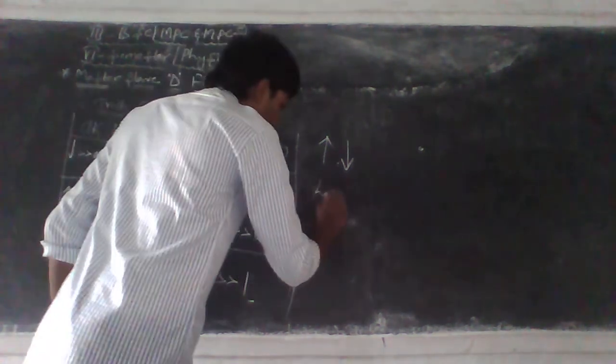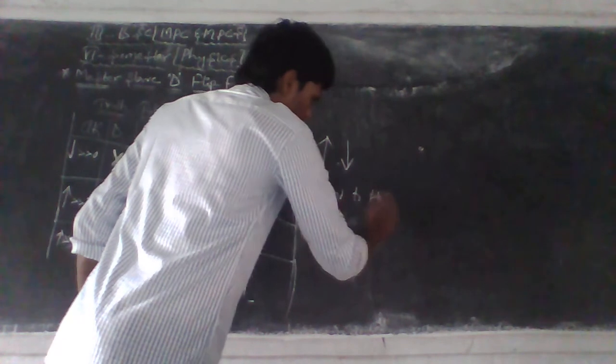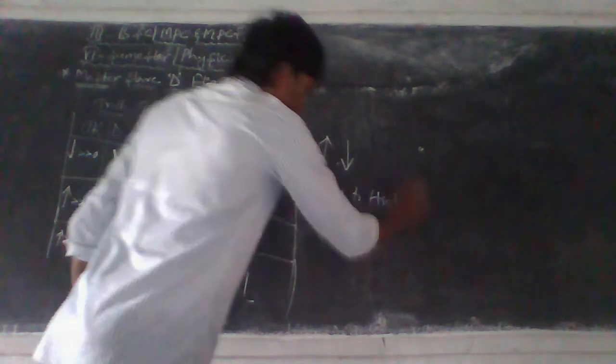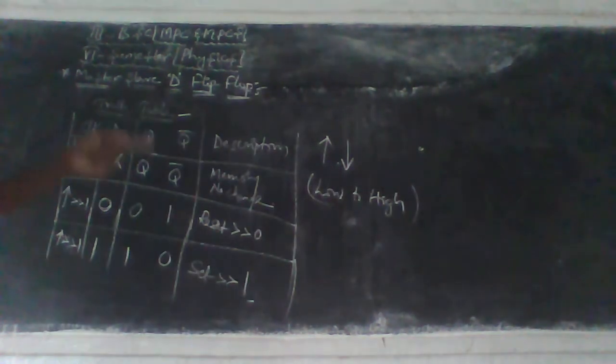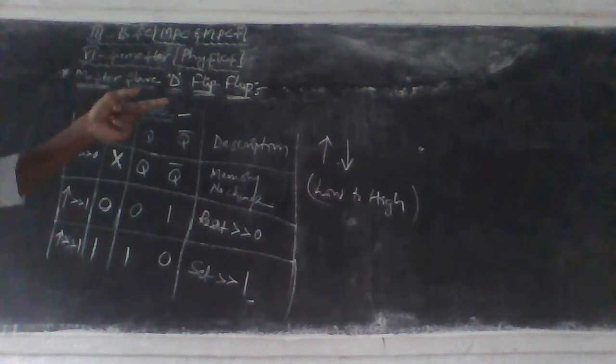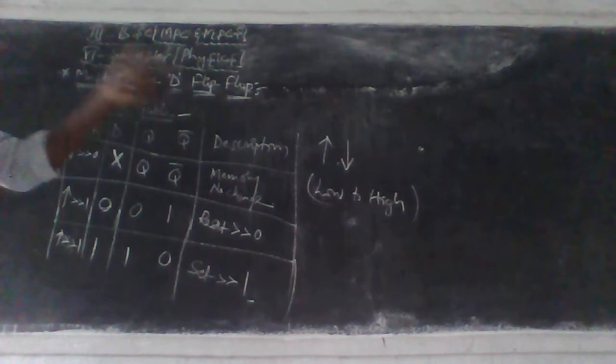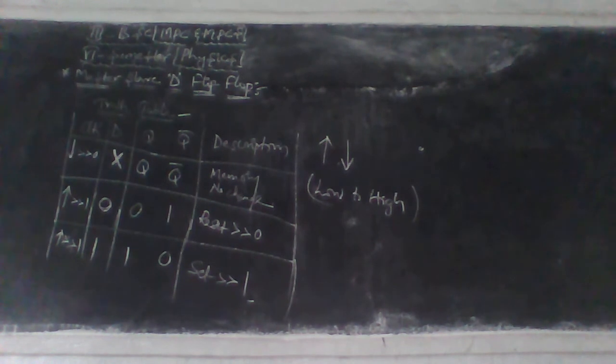So on the leading edge of the clock signal, low to high, the first stage, the master, latches the input condition at D, while the output stage is deactivated.